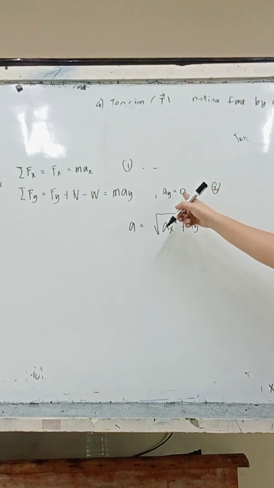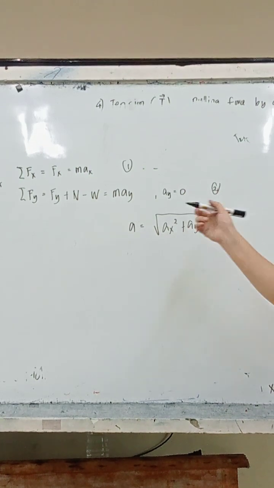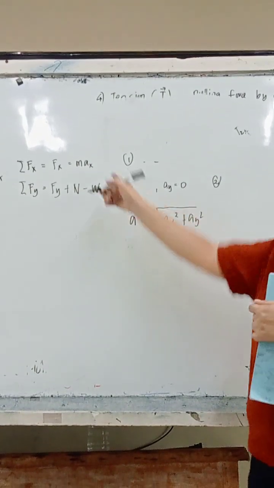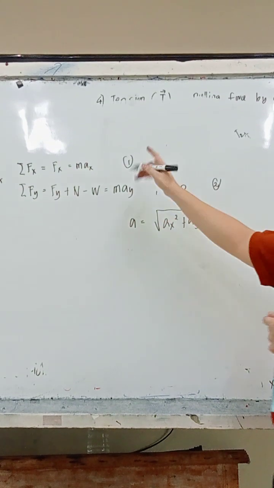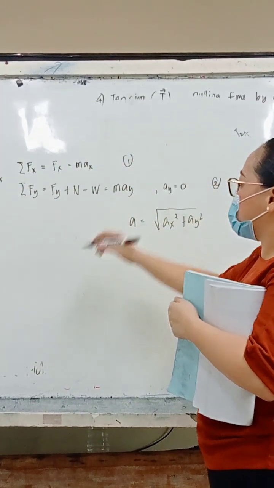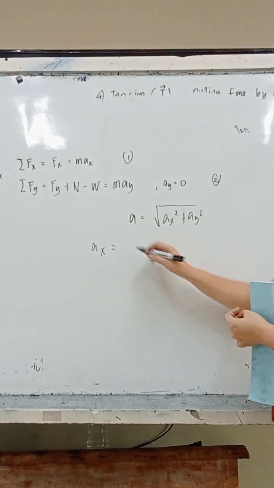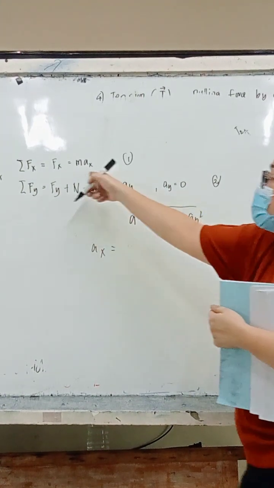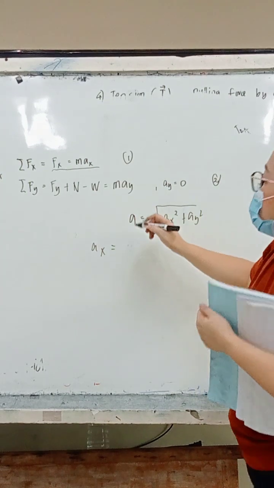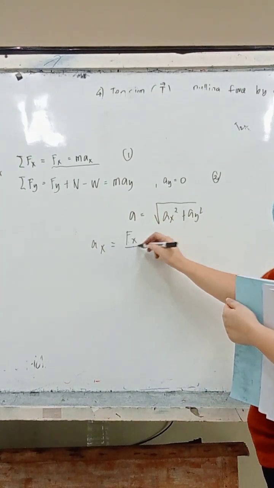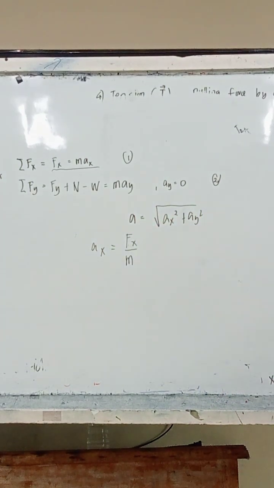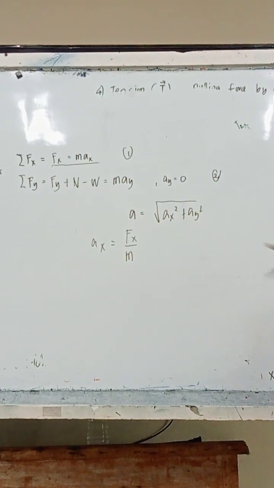Since ay is 0, because there is no acceleration along y, we just solve for ax from equation number 1. So ax is equal to Fx over m.